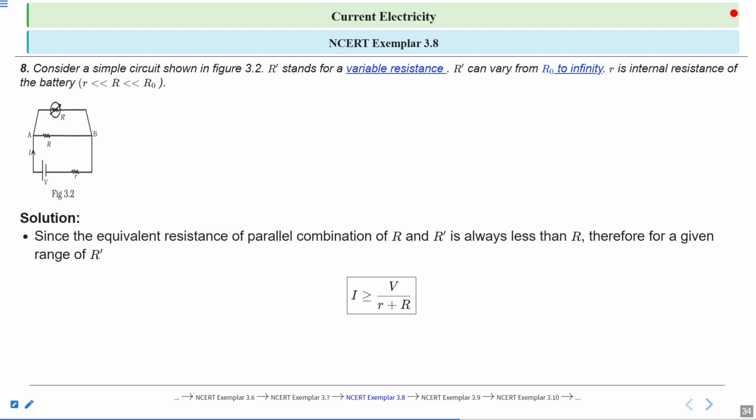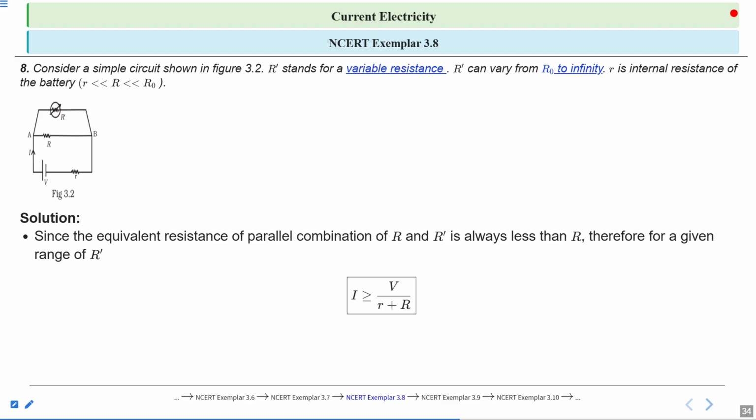Are you understanding? The initial equation was I equal to V upon small r plus R equivalent. R equivalent is always less than or equal to capital R, that fixed resistance. But if we replace R equivalent in this equation with R, then the current will always be equal to or greater than that. What is the equal condition?